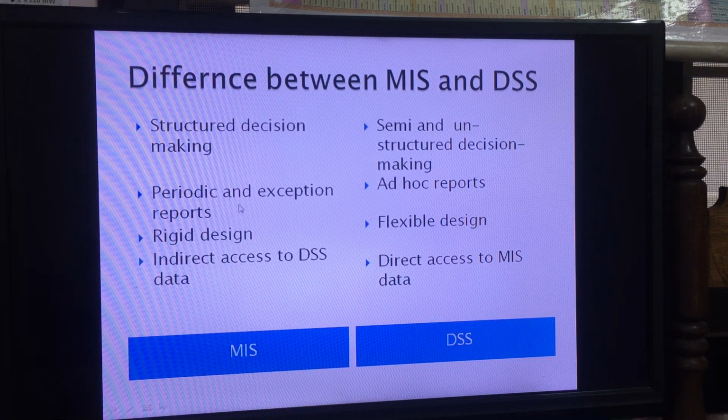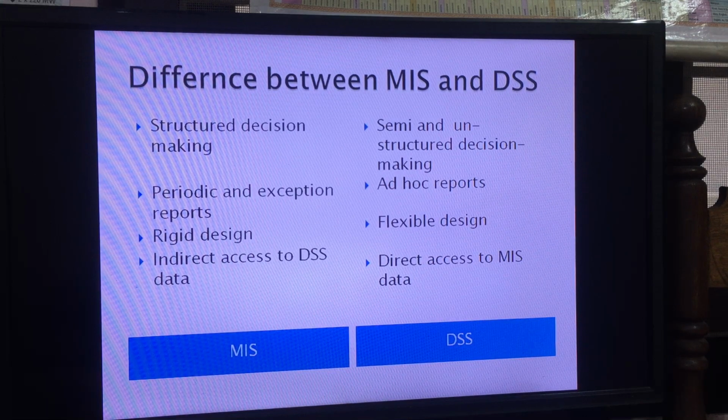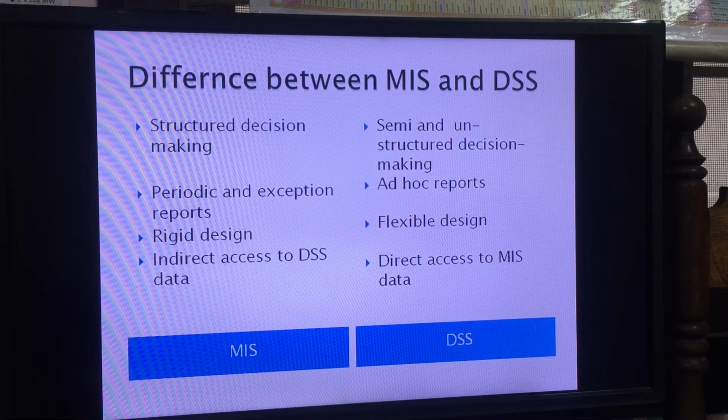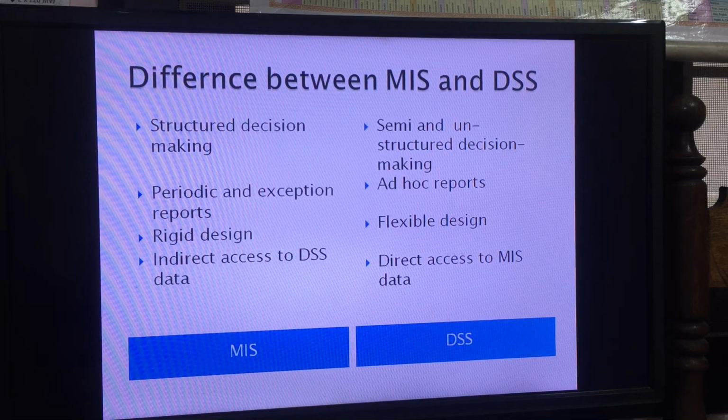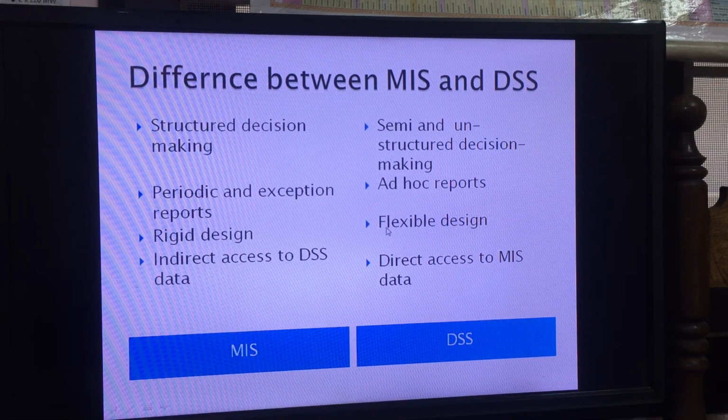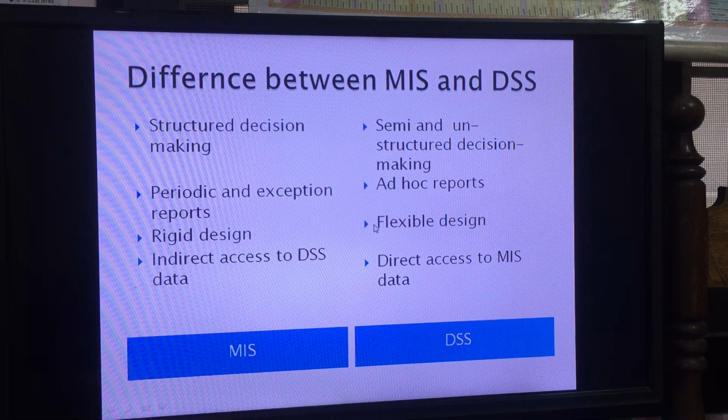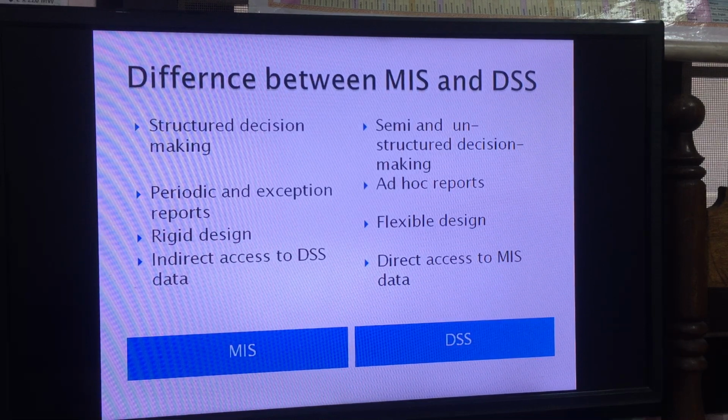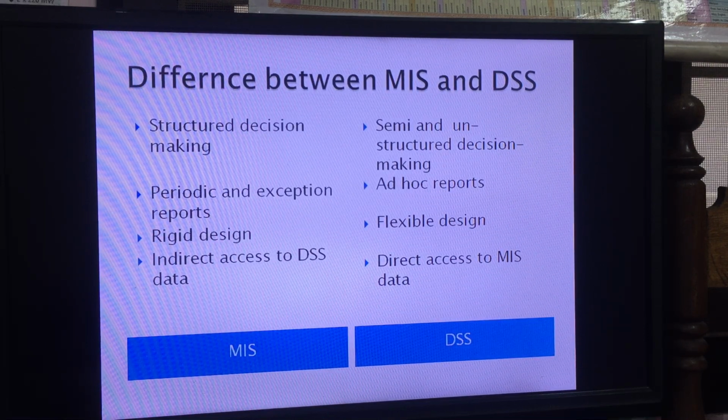MIS designs are more rigid and specific. For example, human resource information system is focused only on employees but not on other factors like production, etc. But decision support system is more flexible and takes information and reports from all other fields.